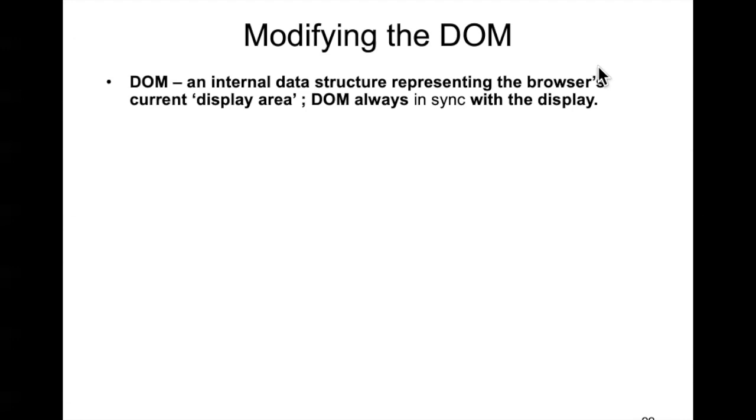And then it uses that DOM to decide what it should paint on the screen. From then on, any alterations made to the DOM, usually by JavaScript that's running in the browser, will be reflected in what is displayed on the screen. So we know all of that.